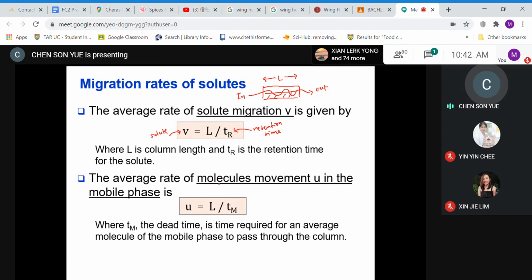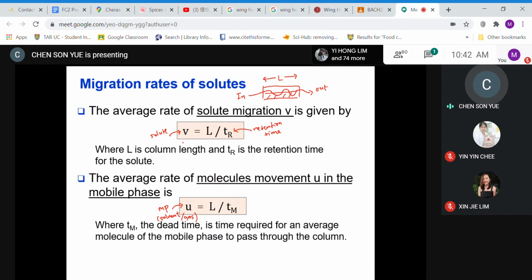And this refers to the mobile phase, the solvent or the gas. TM is the mobile phase retention time. The mobile phase is usually faster than the sample speed.